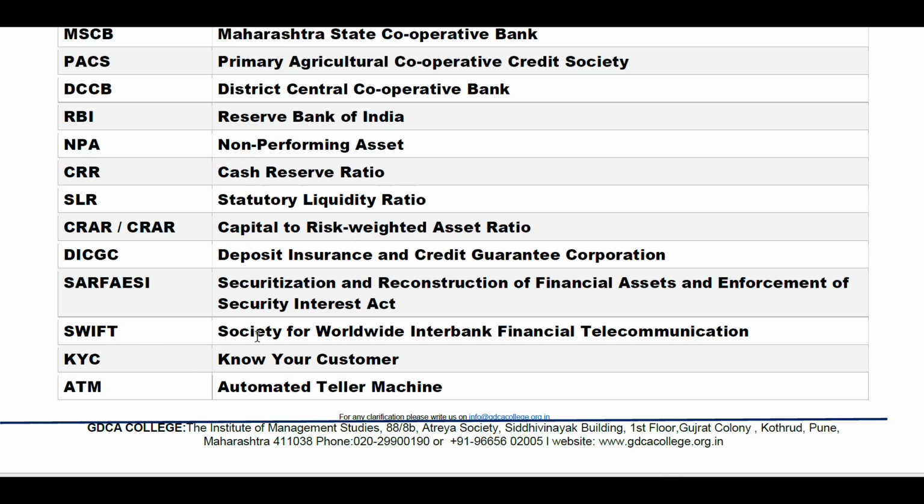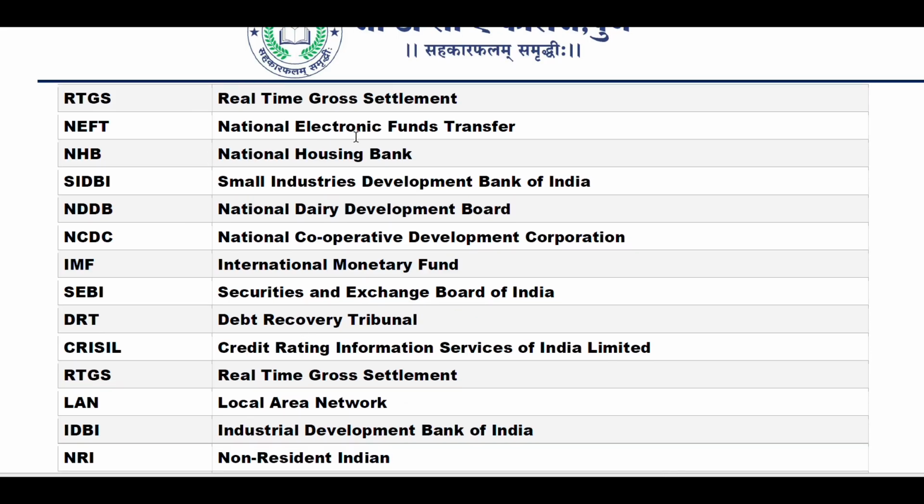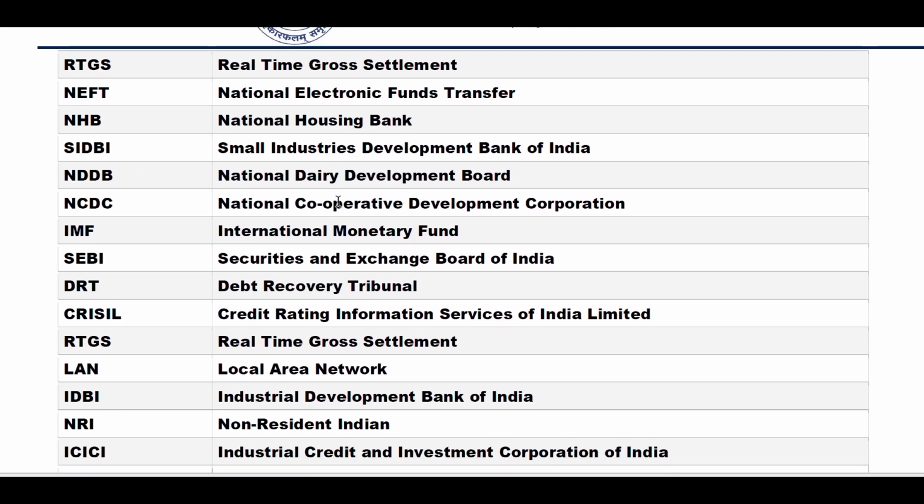SWIFT, Society for Worldwide Interbank Financial Telecommunication. KYC, Know Your Customer. ATM, Automated Teller Machine. RTGS, Real-Time Gross Settlement. NEFT, National Electronic Funds Transfer. NHB, National Housing Bank. SIDBI, Small Industries Development Bank of India.